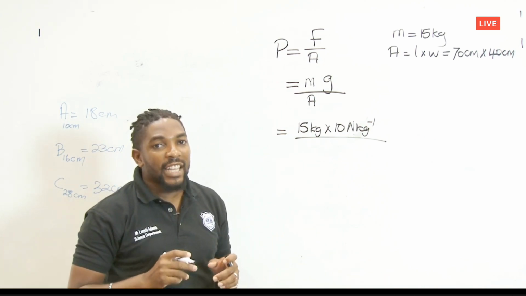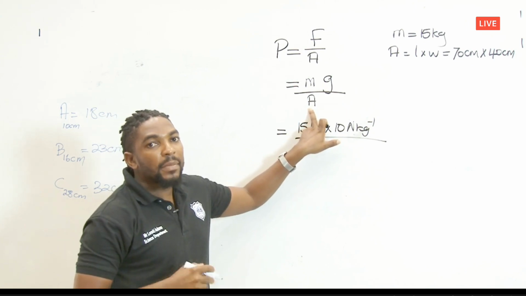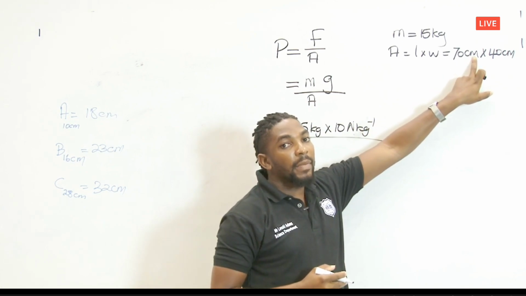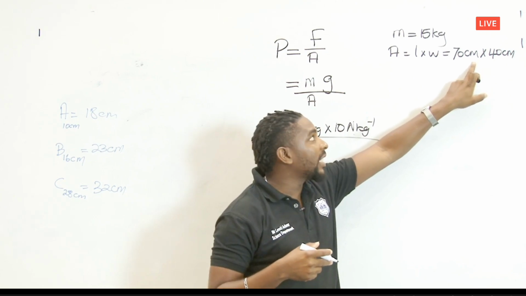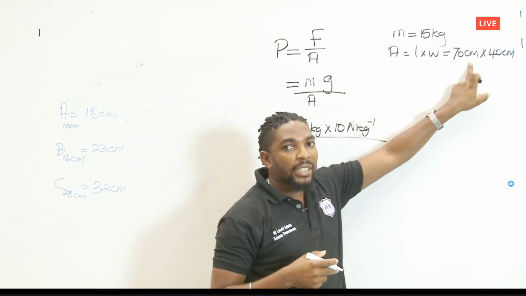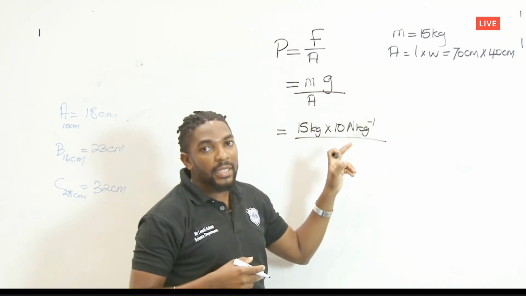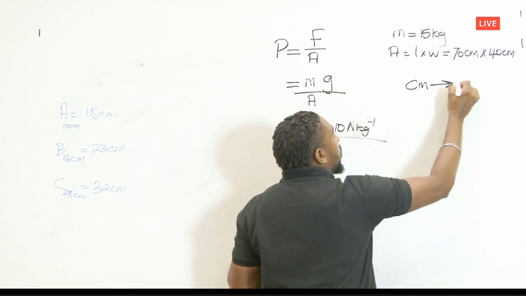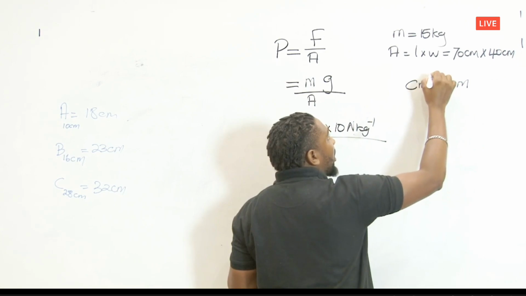Area. Now in this case, something I must let you know. Every time you do a formula, you must make sure that the values are in their SI units. The SI unit of area is meter square. The question actually gives you the dimensions in centimeters. So my recommendation is that you first convert the centimeters to meters before you get your area in meters square.